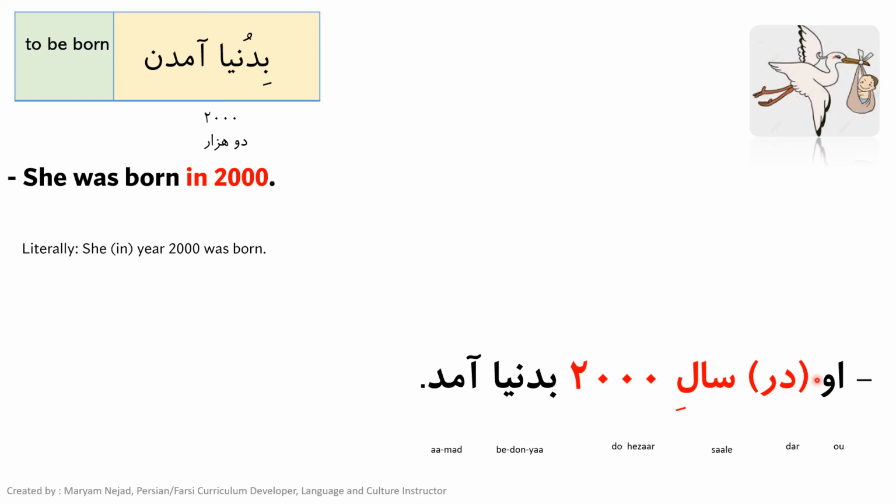So this sentence, again, dar is used usually in the formal written language. This sentence has also a version in the formal spoken language. آمد in the spoken language is اومد. And then we don't need to say dar. So the sentence is going to be او سال 2000 به دنیا اومد.